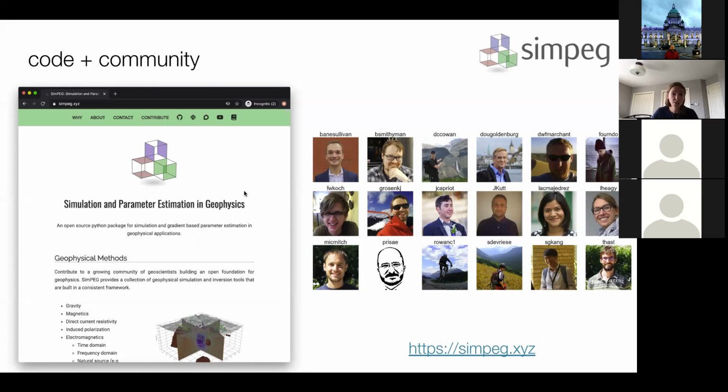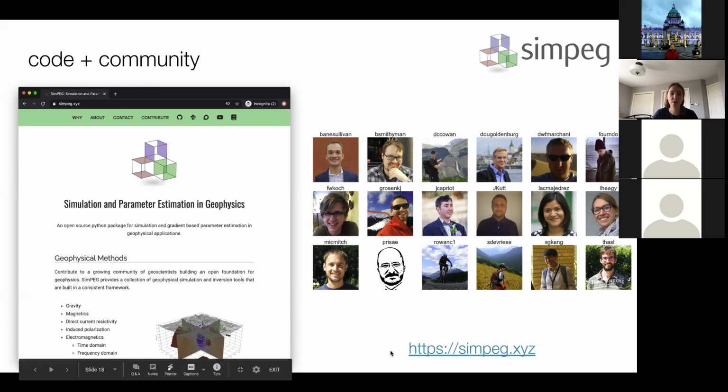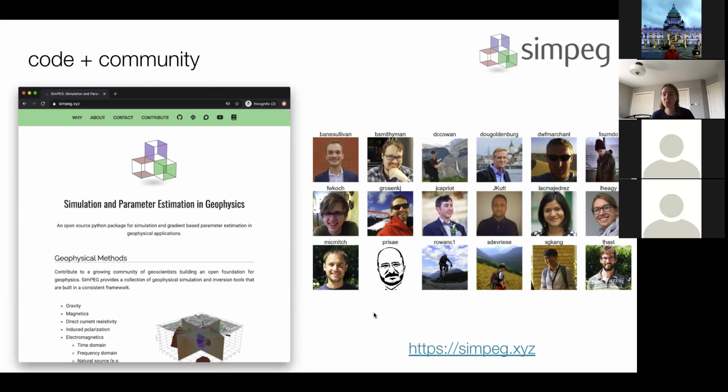Just to show a couple images here, this is the SimPEG website. If you're curious to find a little bit more about SimPEG, this is the URL here. And this is the team of current active contributors, and we're always interested in welcoming more, either if you want to just come in and start getting familiar with SimPEG, or if you want to start contributing code, and anywhere in between.